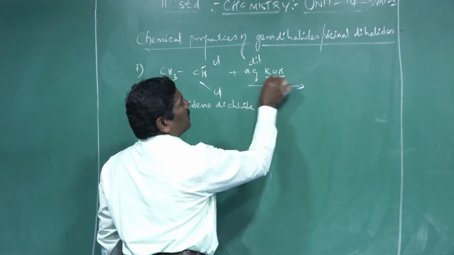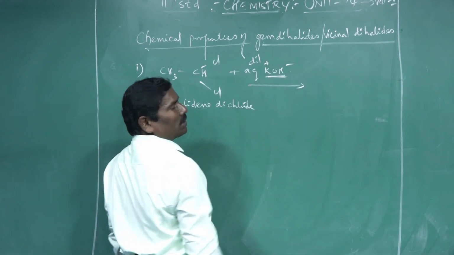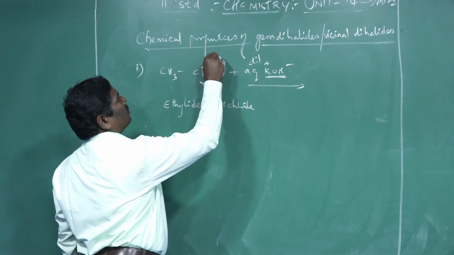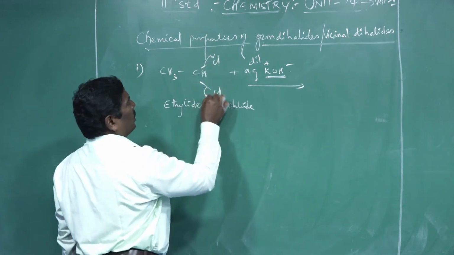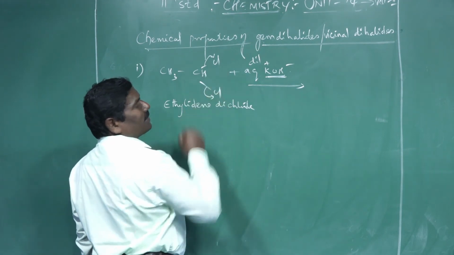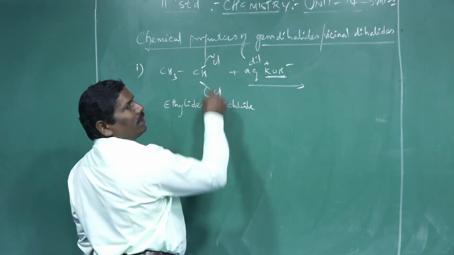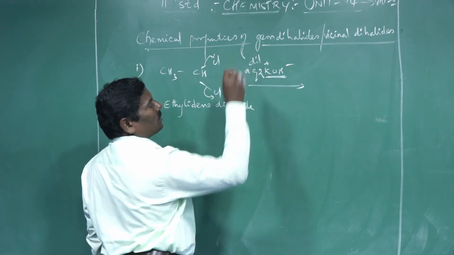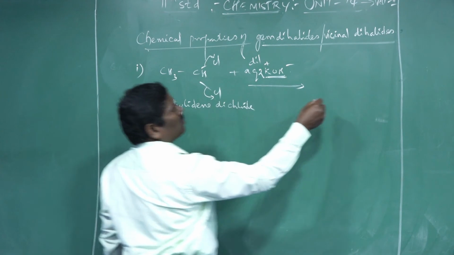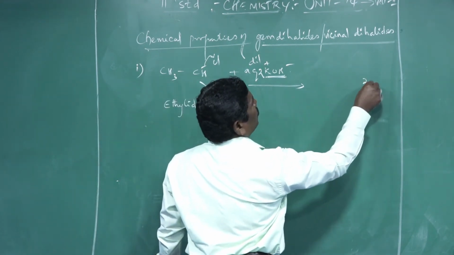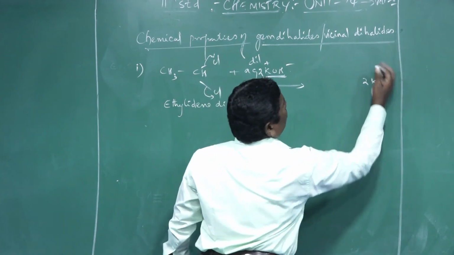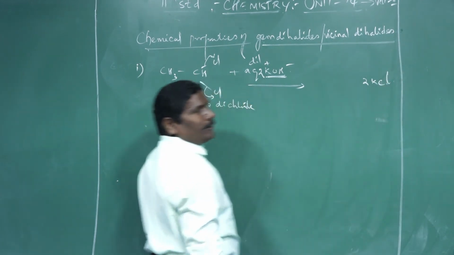The dilute KOH splits into K+ and OH minus. In this, each chlorine also becomes Cl minus. Now there are 2 chlorines and you have to take 2 KOH. 2 potassium with 2 positive charges leads to the formation of 2 KCl.